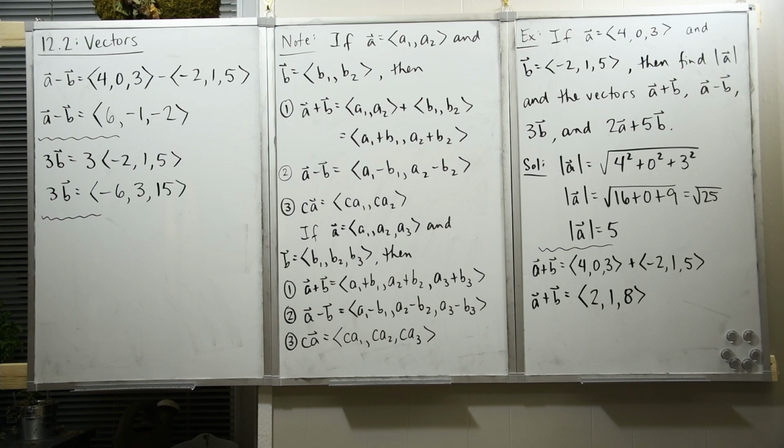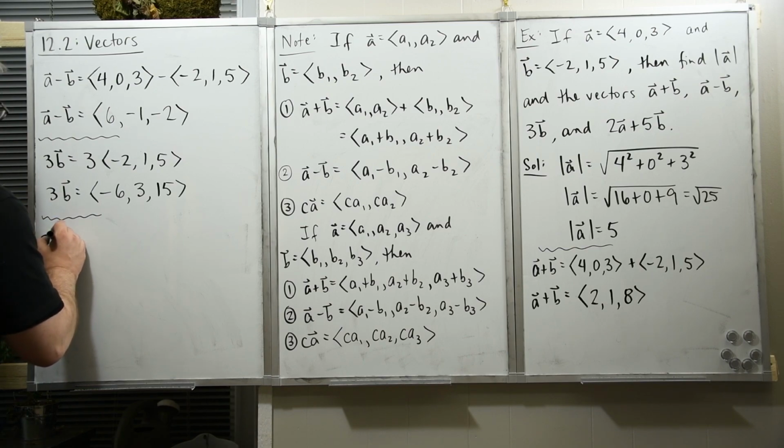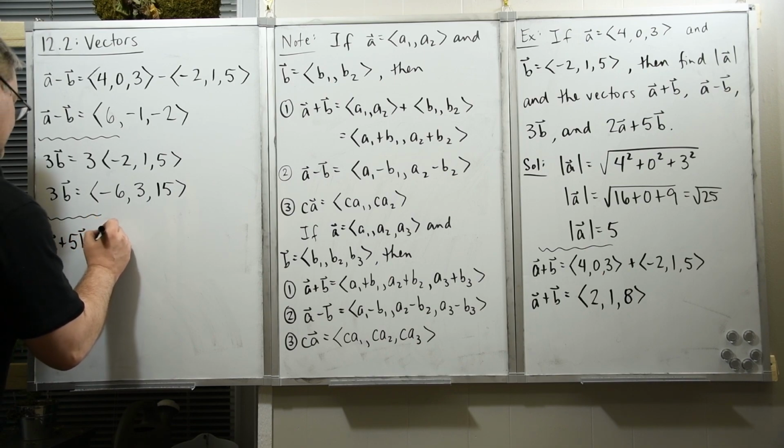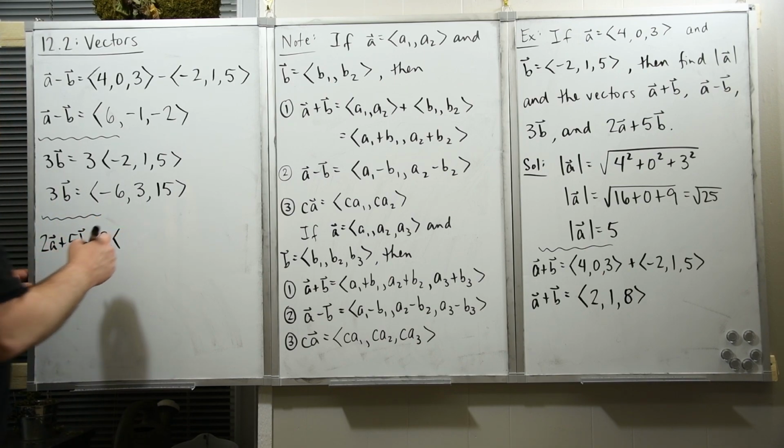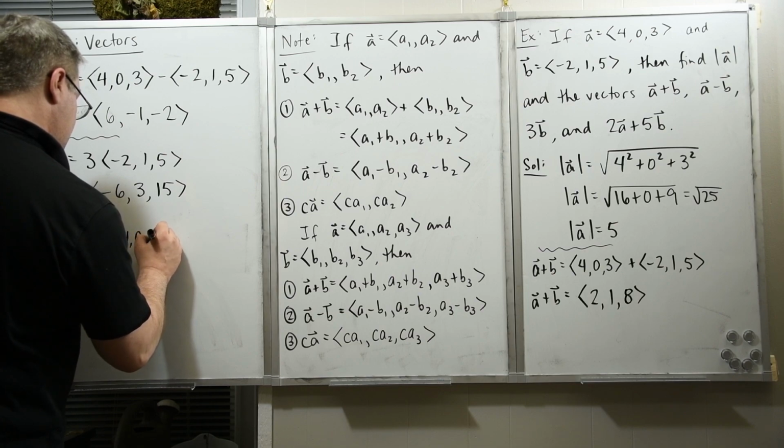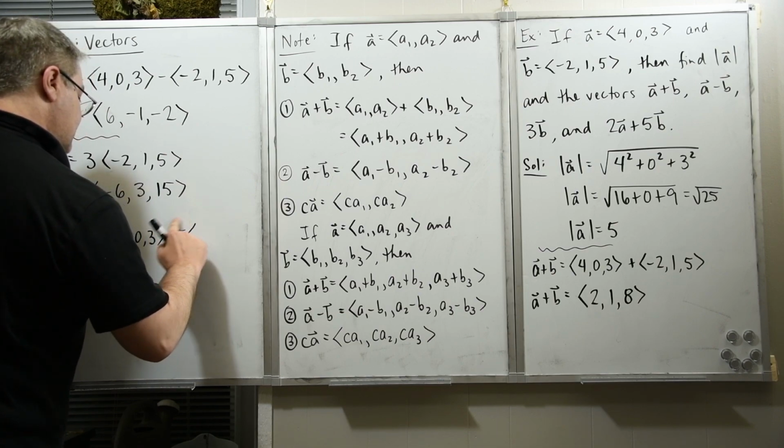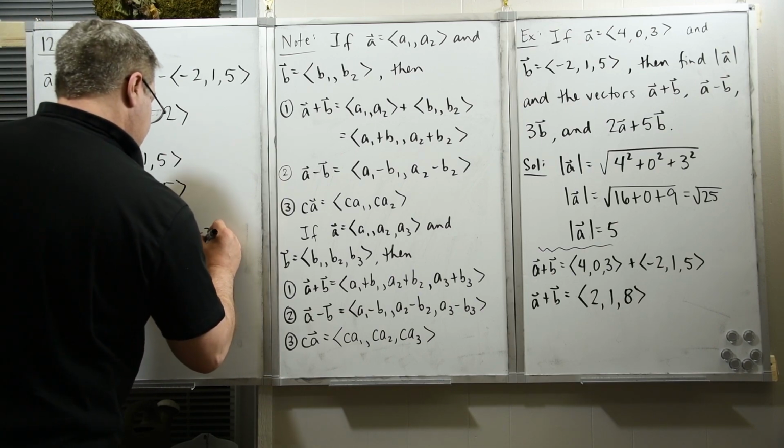And then last on the list is 2A plus 5B. So we'll have 2 times the vector with components 4, 0, and 3, plus 5 times the vector with components negative 2, 1, and 5.